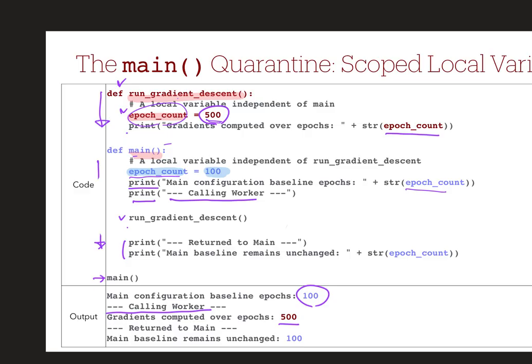Anyway, when the epoch count of the run gradient descent function is created or destroyed, that is not related to the variable epoch count of the main function. So right after this execution, if you print the value of epoch count within the main function, that value is still 100.